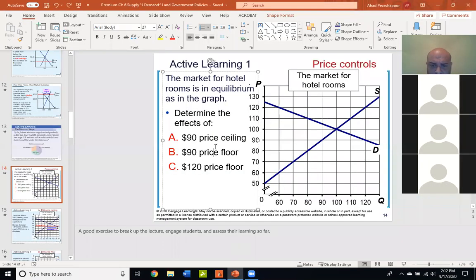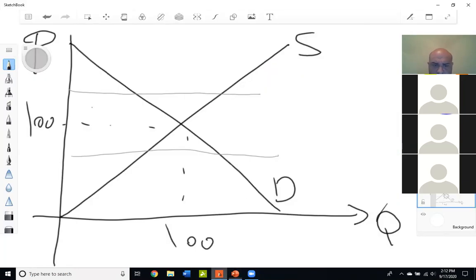Okay, first one, a $90 price ceiling. What does a price ceiling mean? We cannot go above. So this is 90, and this is our price ceiling. Tell me, is this binding or non-binding?